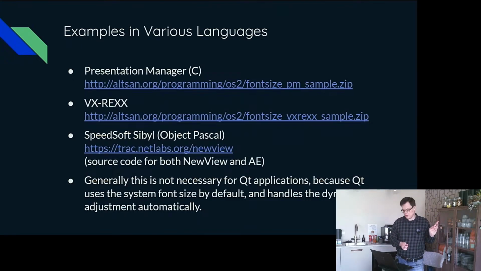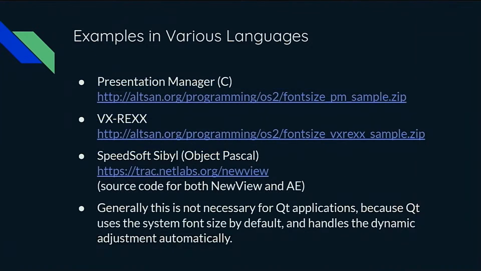Anyway, so now that's a very high level overview of the theory. So why don't we look at some real examples? I've got some sample programs that illustrate this logic. For standard C Presentation Manager stuff, you can't maybe make it out too well on the screen here, but it is in the slides.